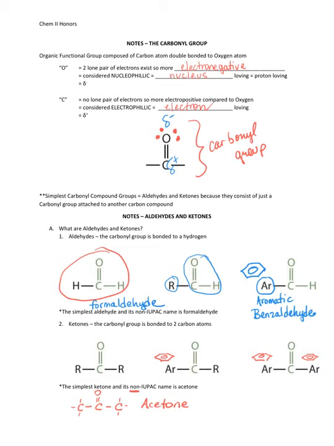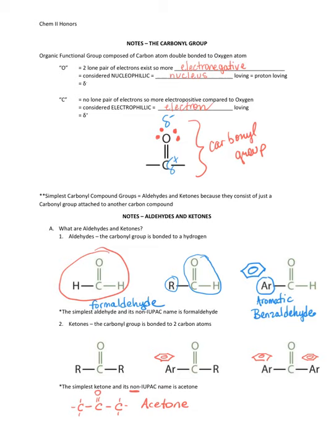We have 2 branches now, both of them methyl groups. So we have dimethyl. If we count left to right, the branches would be on 2 and 4.